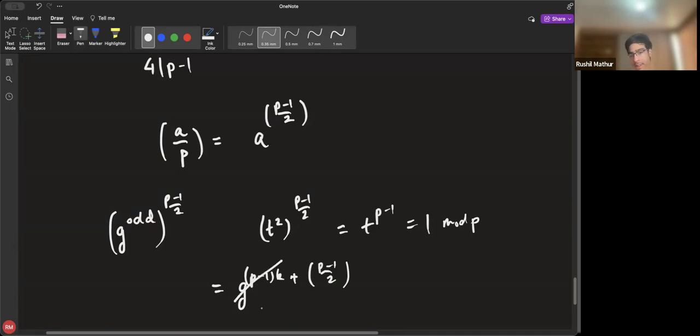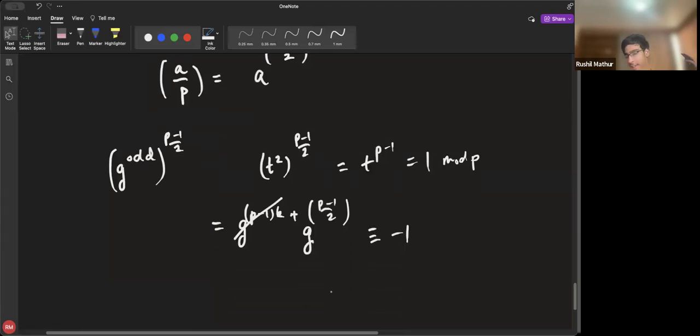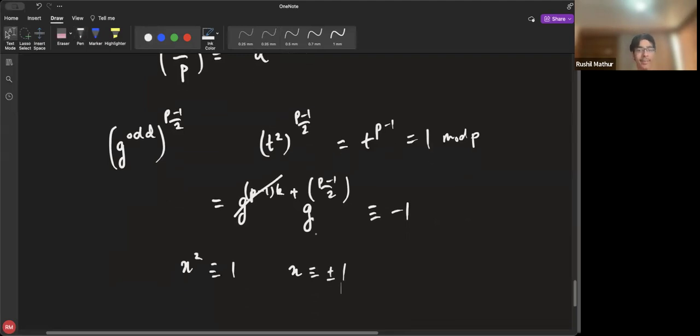And this becomes 1. So it's just g to the p minus 1 by 2. But this is equal to exactly minus 1, because if it was equal to plus 1, then g to the p minus 1 over 2 and g to the p minus 1 are both 1. But that contradicts what a primitive root should do, because it should give all different things. And it has to be exactly one of them, because if x squared is 1, then x has to be plus minus 1. And x squared here is 1.